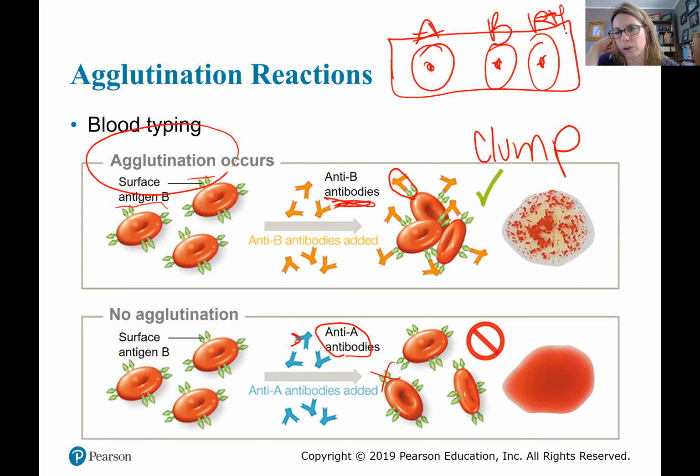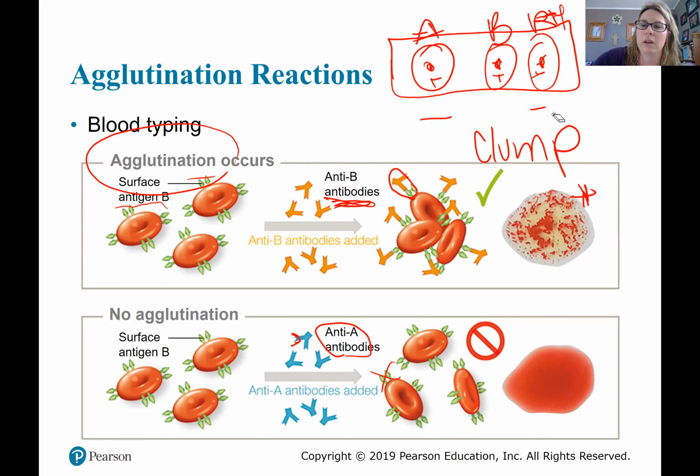Okay, so just as a review, think through here for a second. What if this clumped and this clumped, but this one didn't? What blood type would you be? You'd be AB negative. Do you understand? Clumping means you have that type.